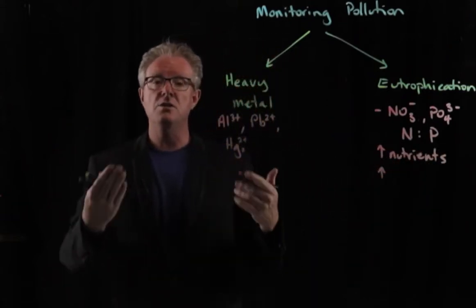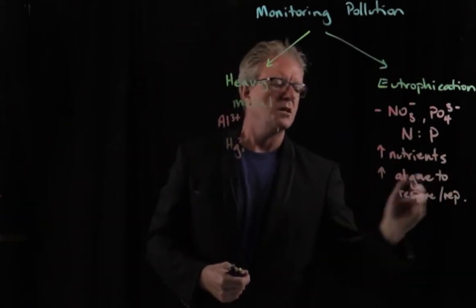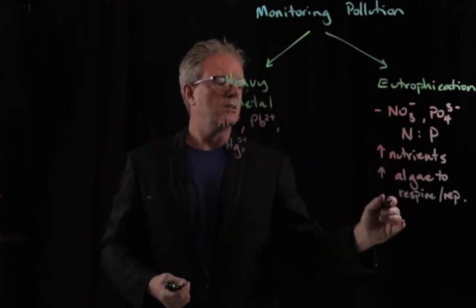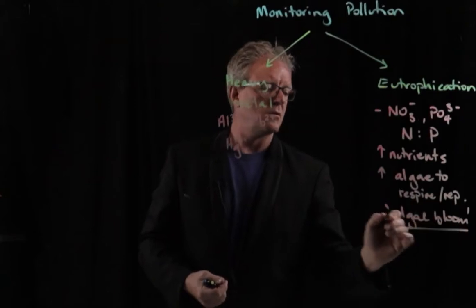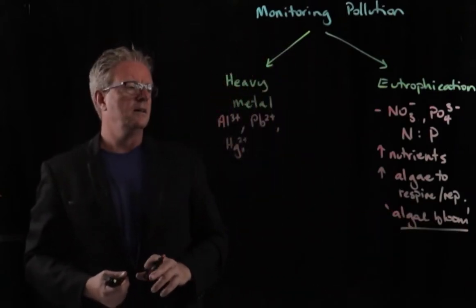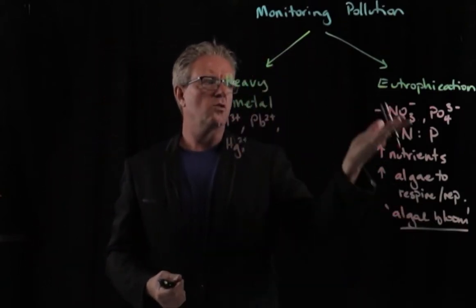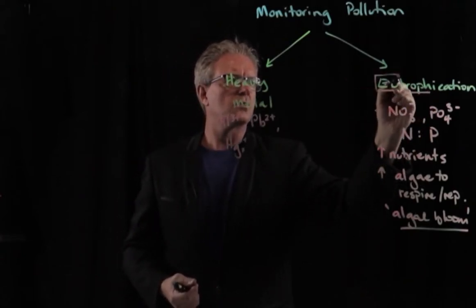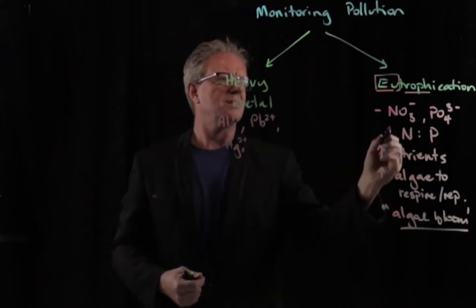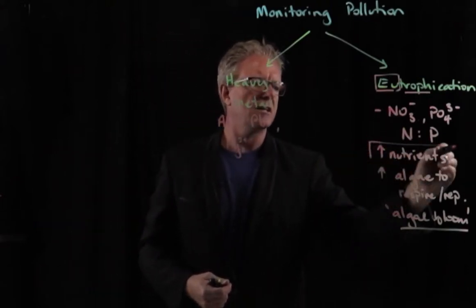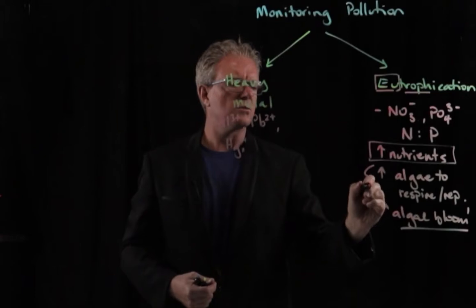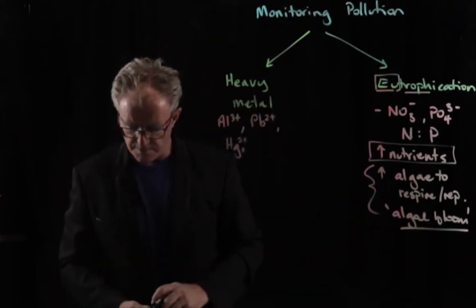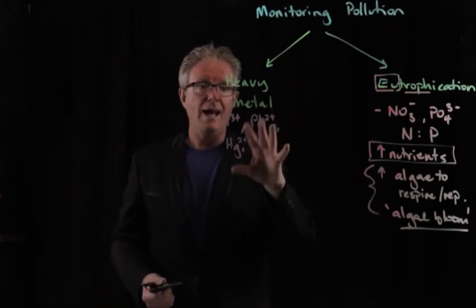That causes algae to use those nutrients to respire and reproduce, increase their numbers, and then we have a flow-on effect to cause an algal bloom. That whole process is called eutrophication, troph meaning food, eu meaning good or enhanced, so it's an enhanced nutrient, and that produces the results of algal blooms.